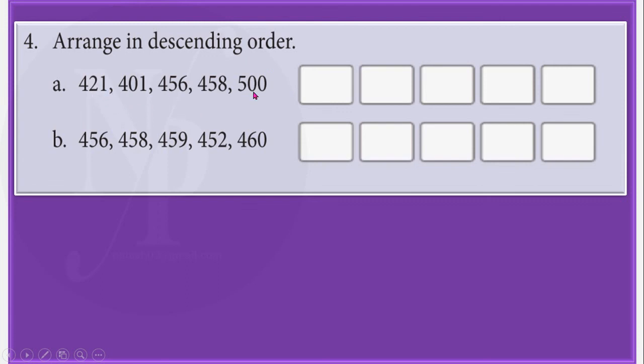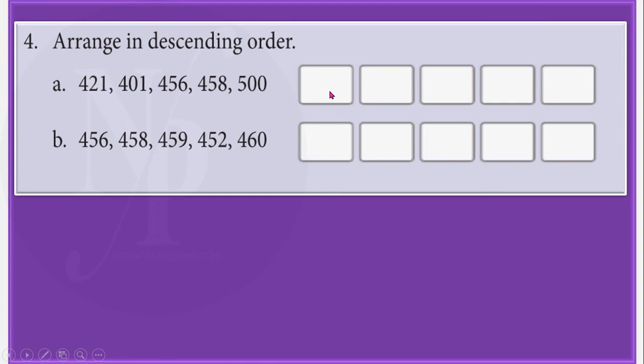So among these 5 numbers, if you see here, 421, 401, 456, 458 and 500. Here 500 is having 5 in hundreds place and all other numbers except 500 are having 4 in hundreds place. Therefore 500 is the greatest among the given numbers.